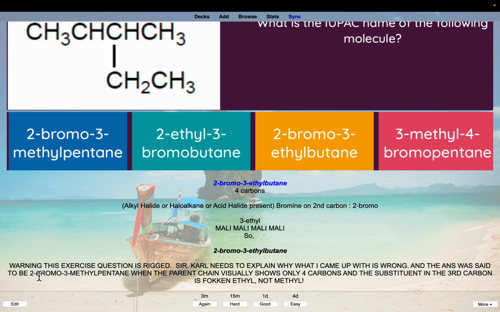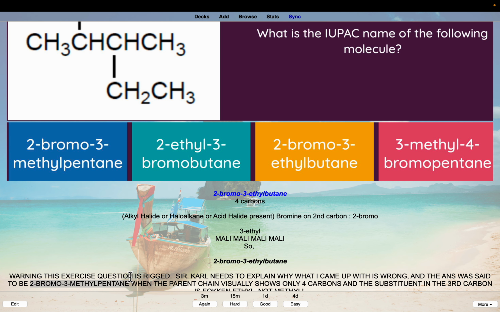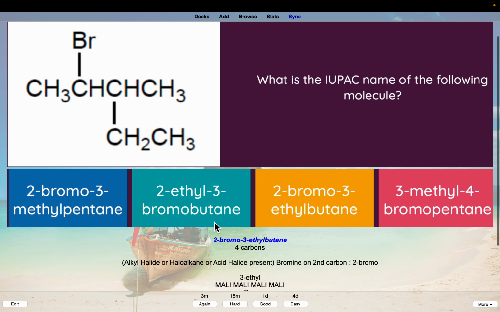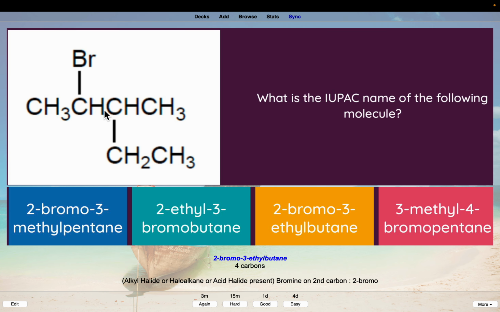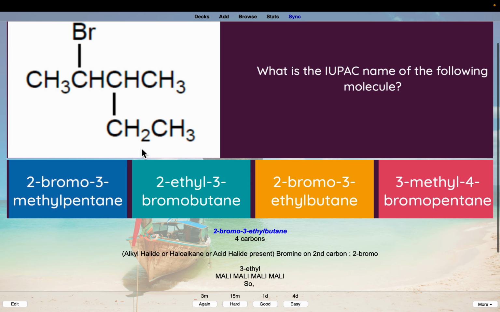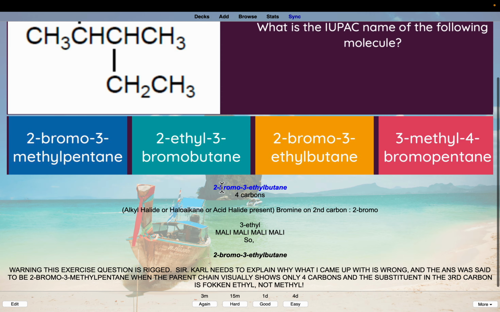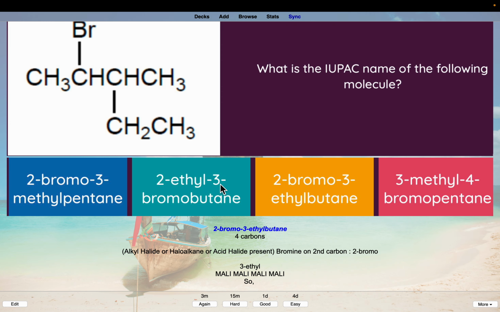If the answer was supposed to be 2-bromo 3-methyl pentane, there should be 5 carbons in the main region itself, not just 4. And the substituent is on the third carbon. It's ethyl, not methyl. I am yet to recall the difference between ethyl and methyl.